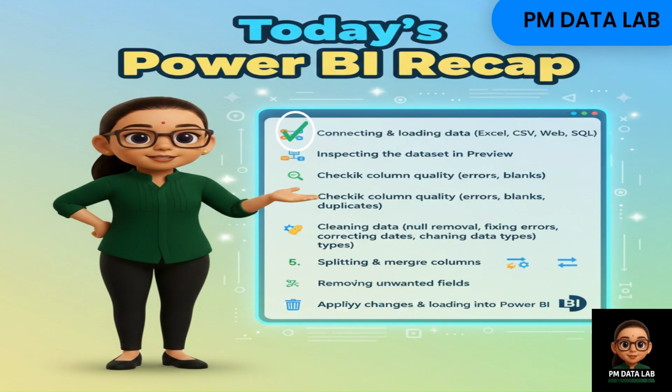Then we moved into the most important part, cleaning and transforming data. We learned how to inspect the dataset, check column quality, and identify errors, blanks, duplicates, and mismatched data types. We cleaned nulls, removed duplicates, fixed errors, corrected dates, converted data types, and repaired totals.